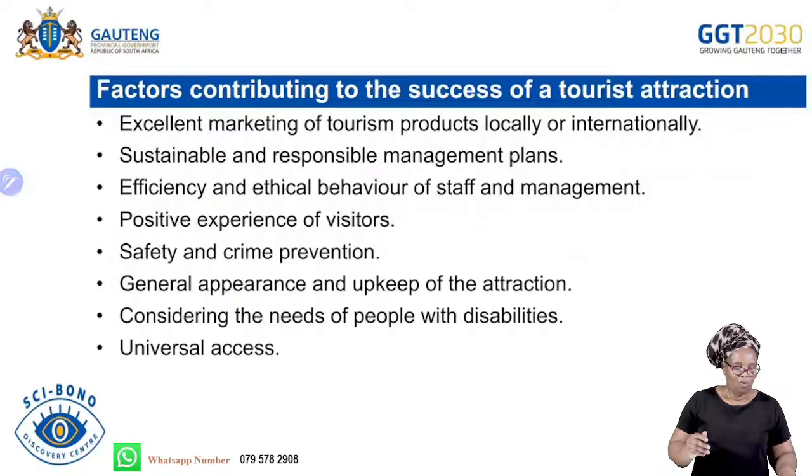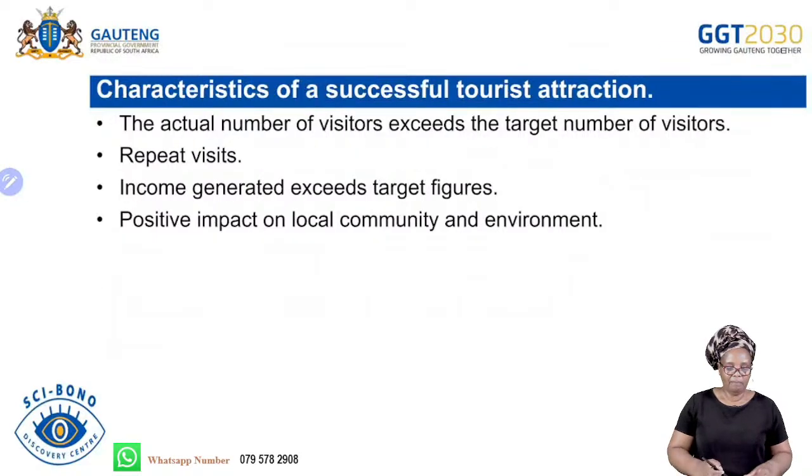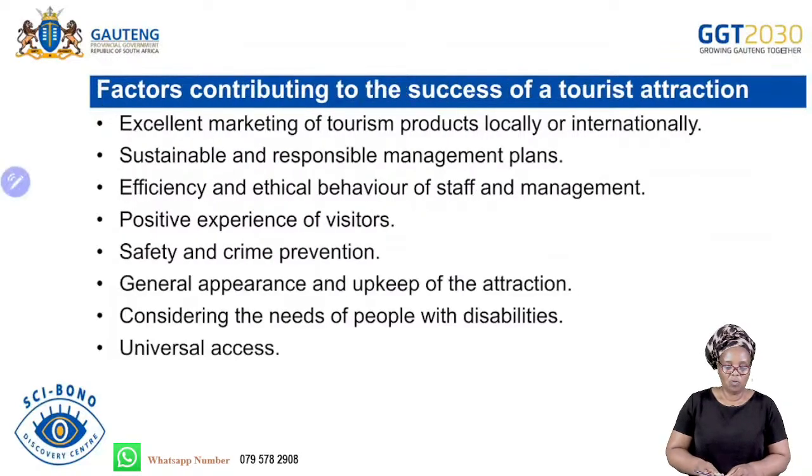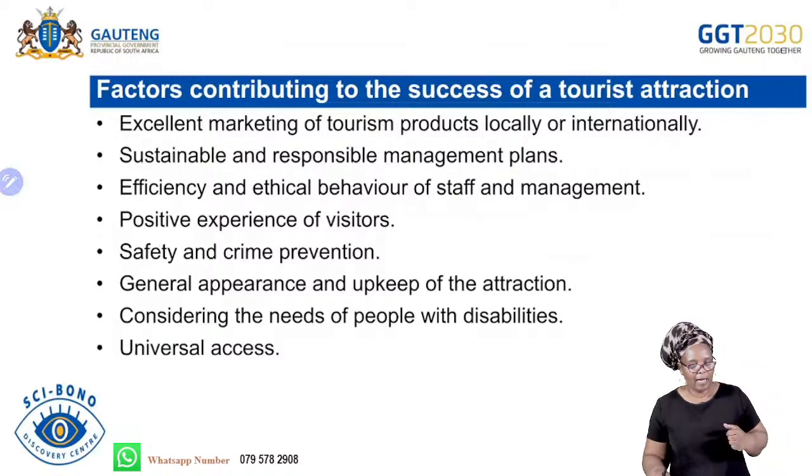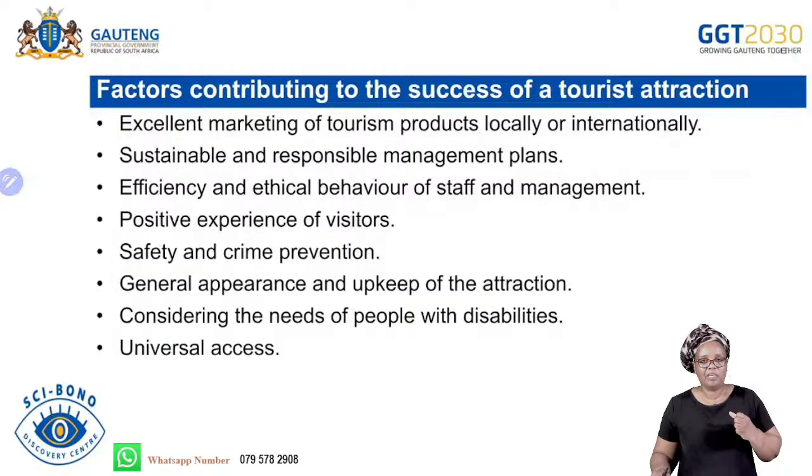Then now, we talk about universal access. Here we talk about everyone. All the visitors that are visiting this place must be able to use all the services and all the products that are found in this area. They have to make sure that they are able to get the products and get the services from this place.